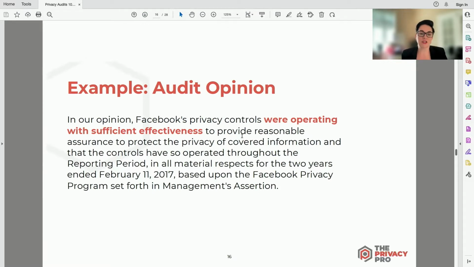You'd want to test the control around verifying someone's identity before releasing data to them. You would look at the total number received, say it's 100, choose a sample, say 10, and then you'd look at evidence to see if in those 10 instances, the person's identity was verified. Maybe you have evidence in the form of an attestation or a copy of information that they provided.